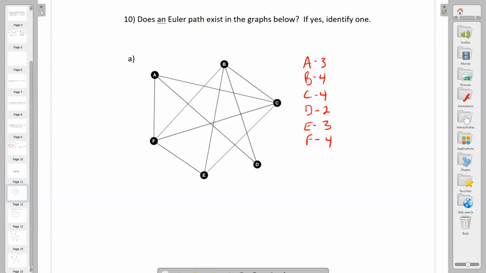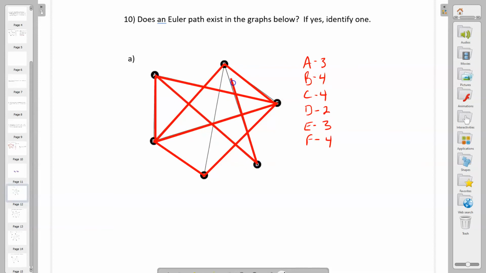Now we need to find the Euler path. To find an Euler path, we need to start at one of the vertices that has an odd number. In this case, I'm going to go from A to F, from F to E, from E to C, from C to B, B to F, F back to C, C back to A, A to D, D to B, and finally B back to E. So we've covered all of the edges.